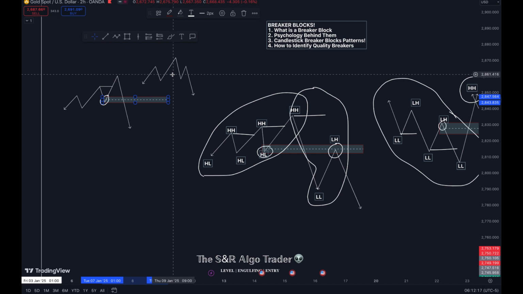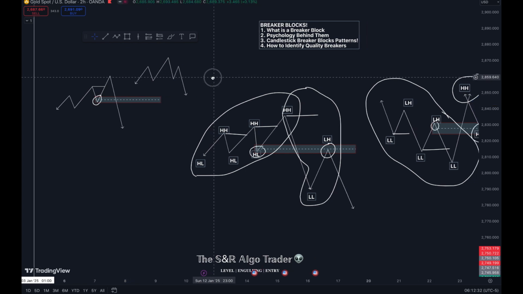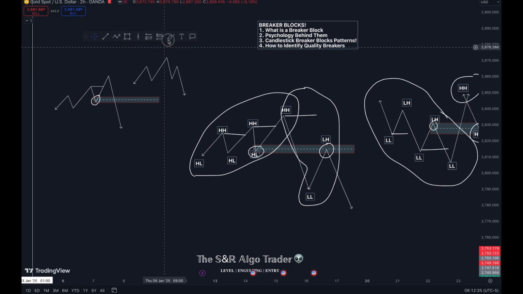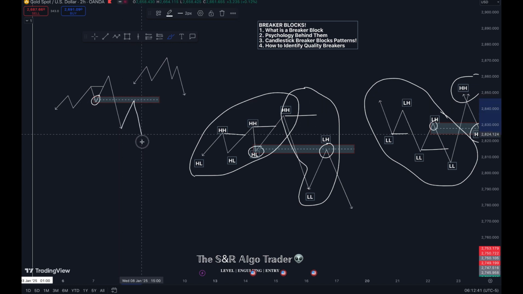The breaker blocks are considered only one-time use. This means we focus on the trading opportunity when the price just first enters the breaker block. Once the breaker block has been mitigated, we do not consider that area of interest for future trading. Like I was saying here, once the market comes back to this zone and respects it, then goes down, that breaker block has been mitigated, like the gap has been filled.